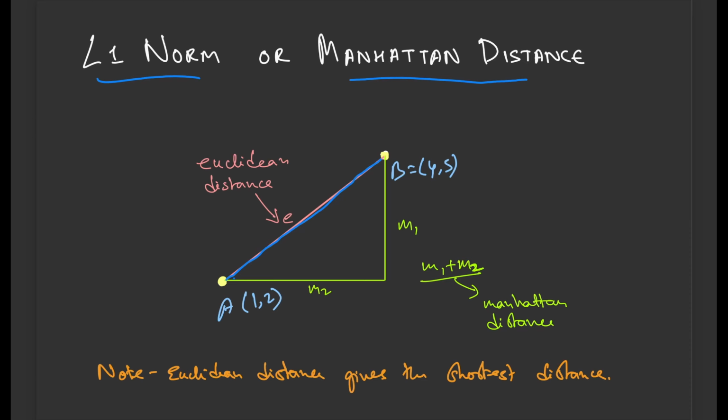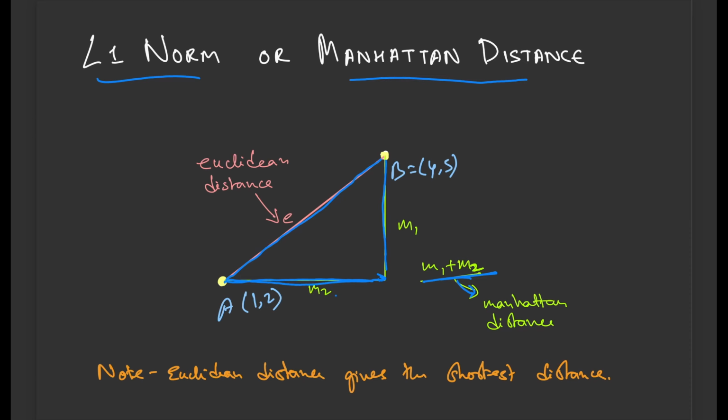But the Manhattan distance is going to be this component plus this component. So this is M1 plus M2. This whole thing is going to be Manhattan distance. So it doesn't give you the shortest distance. It gives you this distance, which is like going in each component direction. So this is like we're going in direction X, right?